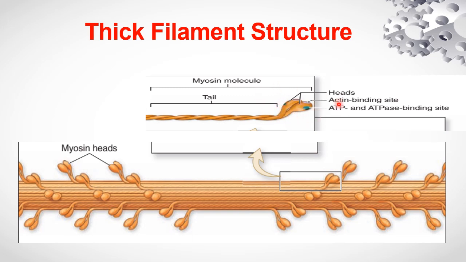These are the myosin heads, and these myosin heads contain actin binding sites and ATP binding sites. Okay, so these myosin filaments are connected to the Z disc by the largest protein in the body, known as titin. You will see that when we look at the sarcomere in detail.